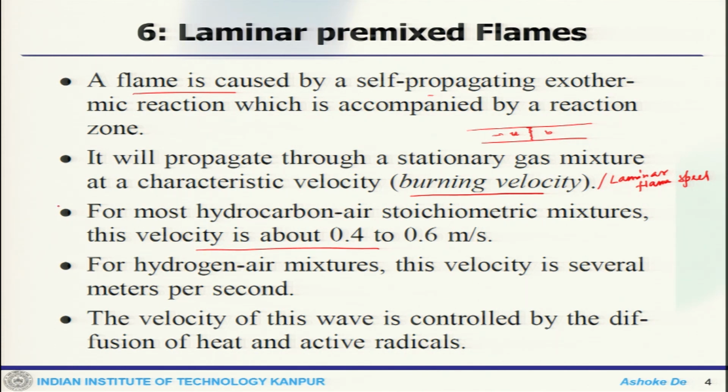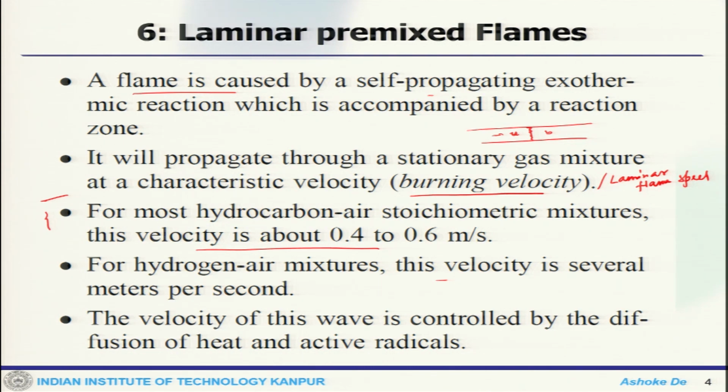Now, these are some essentially the comments. When you talk about hydrogen air mixture compared to a hydrocarbon fuel, this burning velocity is quite higher, and that happens because once we do the detailed analysis of this burning velocity, we will see that it depends on the molecular weight along with the mass diffusivity, and hydrogen has much higher mass diffusivity.